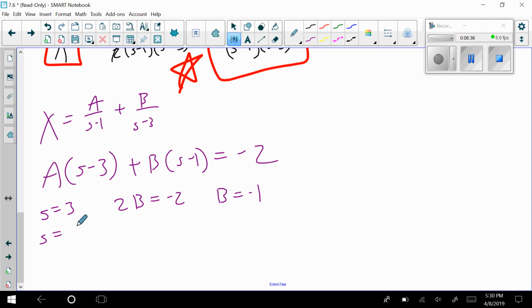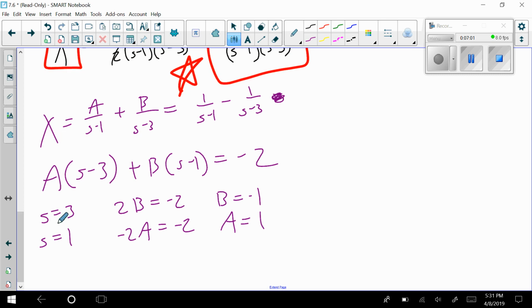If I let s equal 1, then this is negative 2a, which would be equal to, this goes away, so this is negative 2. So I know that a is 1, right? Okay, well then that is 1 over s minus 1 minus 1 over s minus 3, which gives me, maybe I'll pump the brakes slightly here.